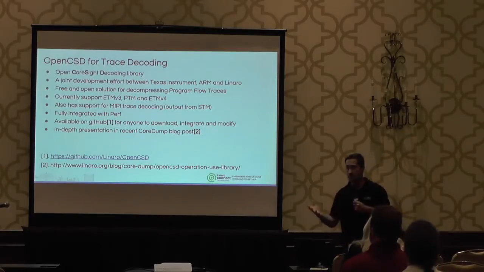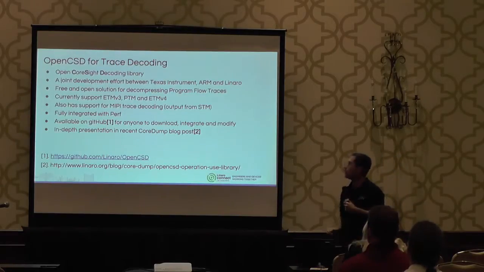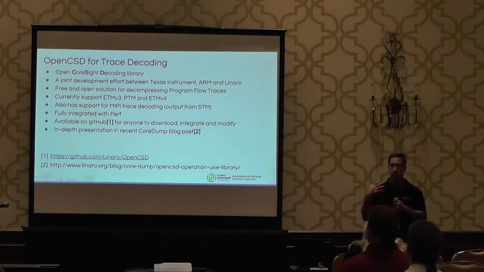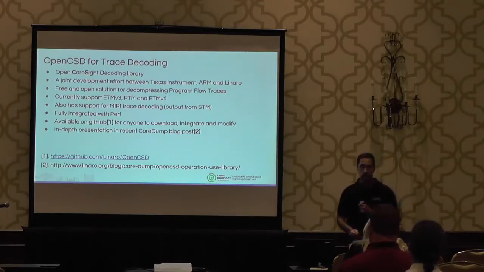So OpenCSD doesn't need anything to work. It just works by itself. It's on GitHub. It's public. Right now, the formats that we support are ETMv3, ETMv4, PTM, and there's also support for the MIPI protocol, which is the output that we get from the STM CoreSight block.